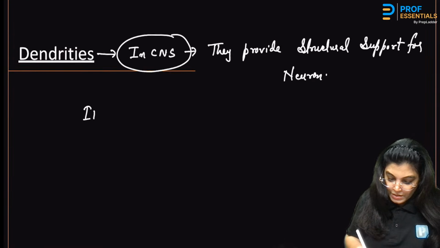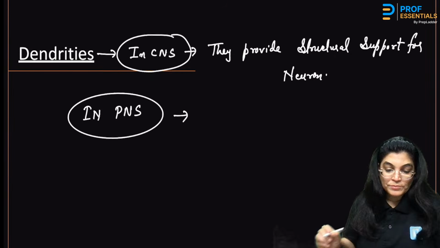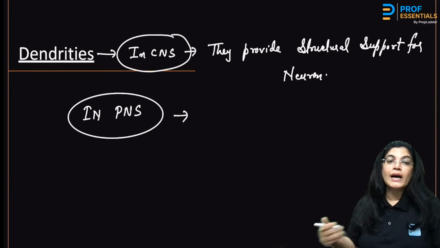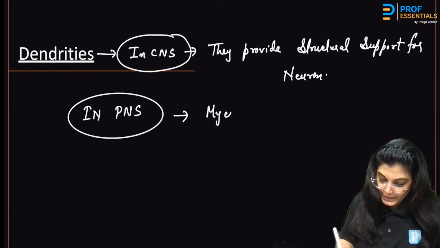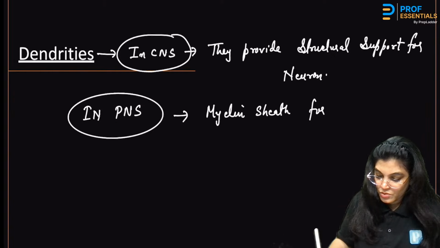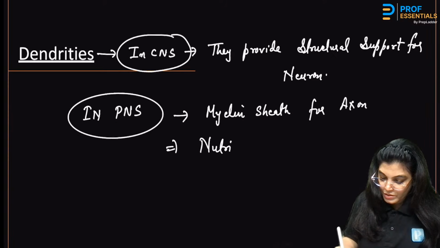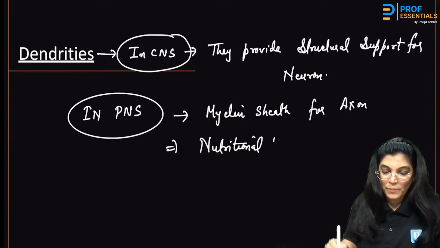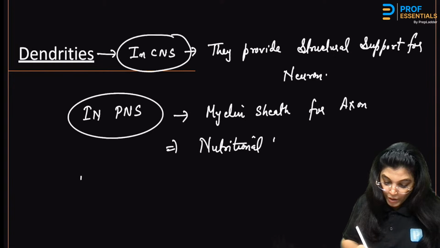What about their role in the peripheral nervous system? Here they contribute to formation of the myelin sheath for axons, and they also have a nutritional function to perform. They are also capable of mitotic division throughout life. This is another important point.